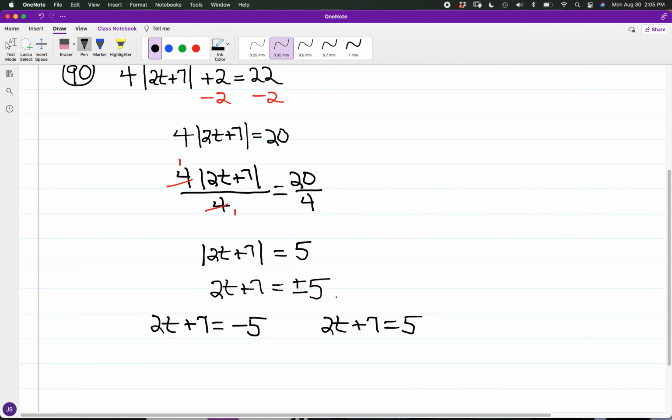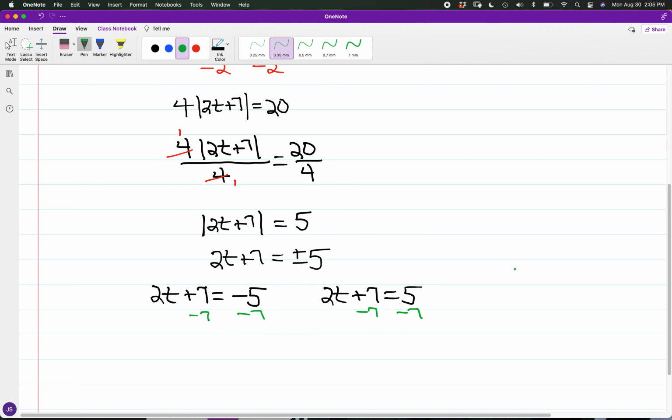For these two equations, if I get 2t by itself, we deduct 7 from both sides of both equations. For the first equation, 2t is equal to negative 5 minus 7, so this ends up at negative 12.